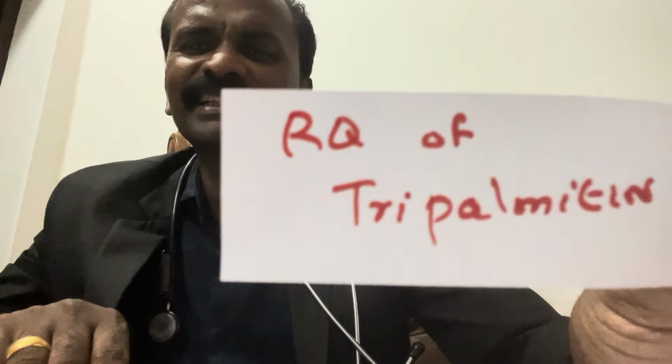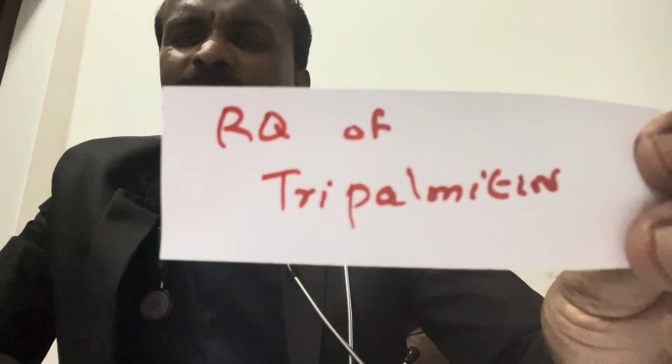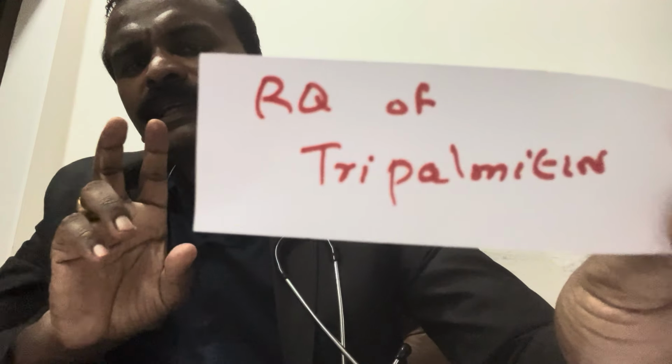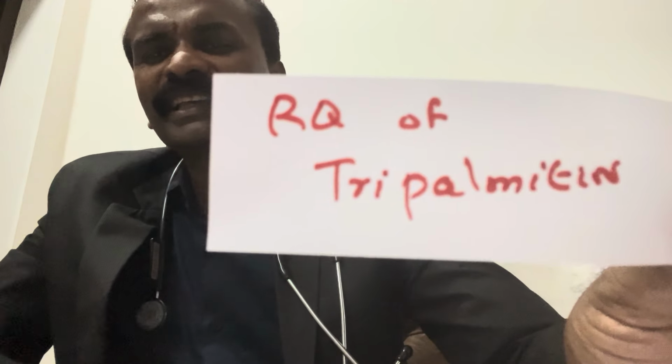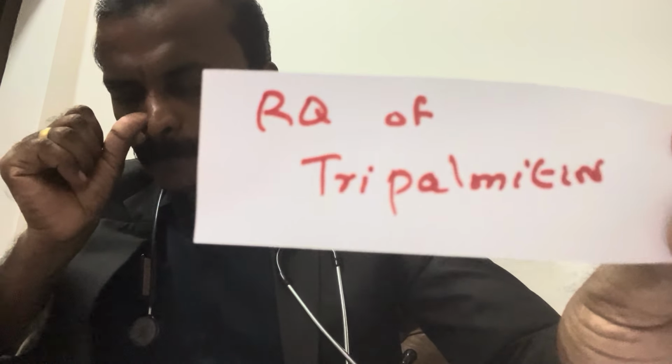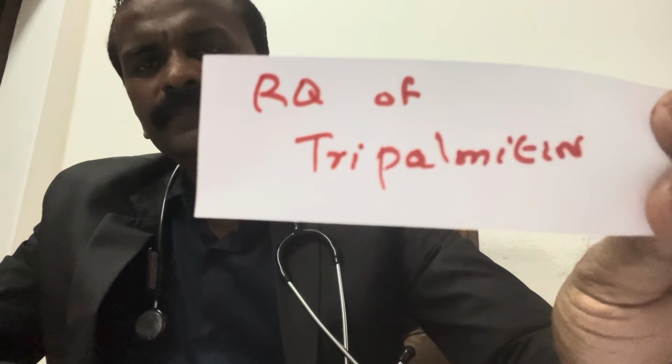Respiratory coefficient of tripalmitin. It is given in your textbook. RQ means respiratory quotient of tripalmitin: 0.7.